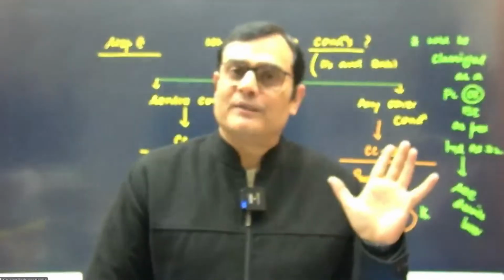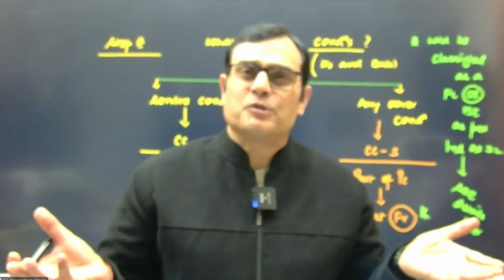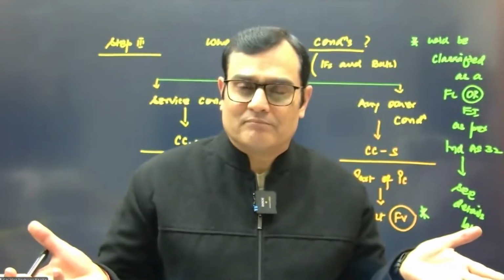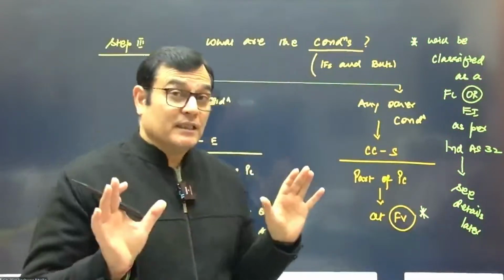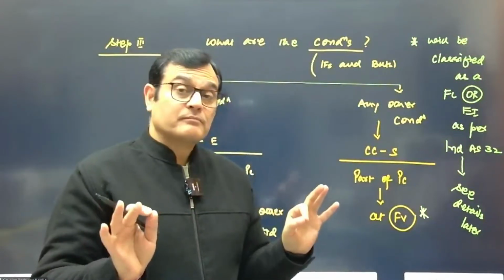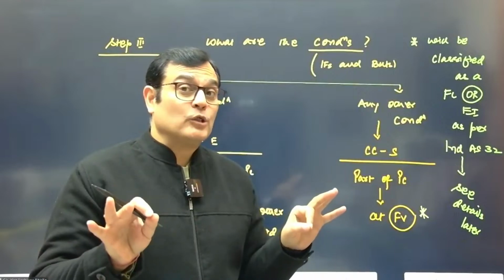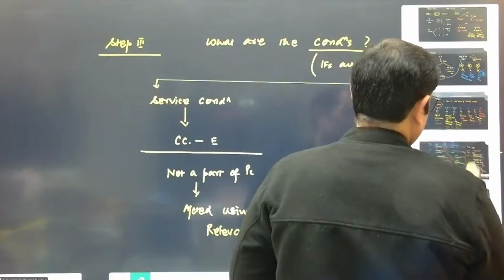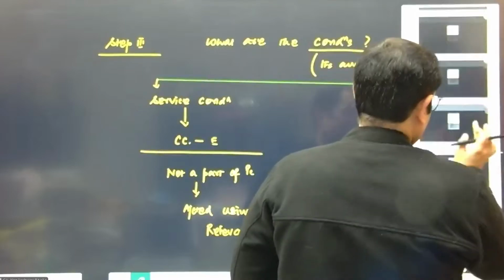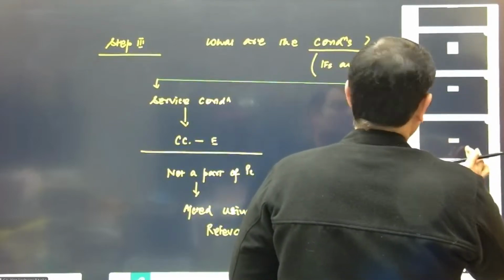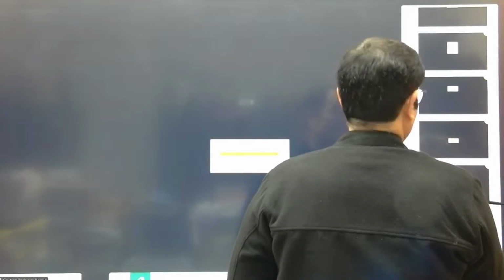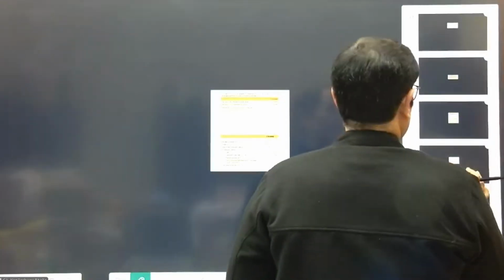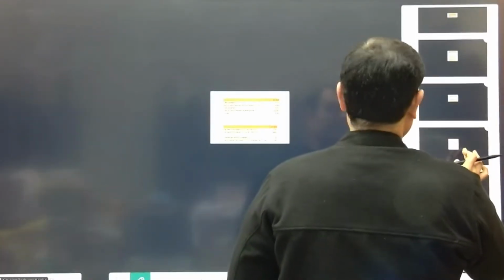Now, friends, let's do one thing. Let's apply these concepts to some questions in the study material. So before we discuss the other 4 issues with you, let's concentrate only on these 3 issues and have a look at some questions in the study material. There are a couple of questions given on this area.